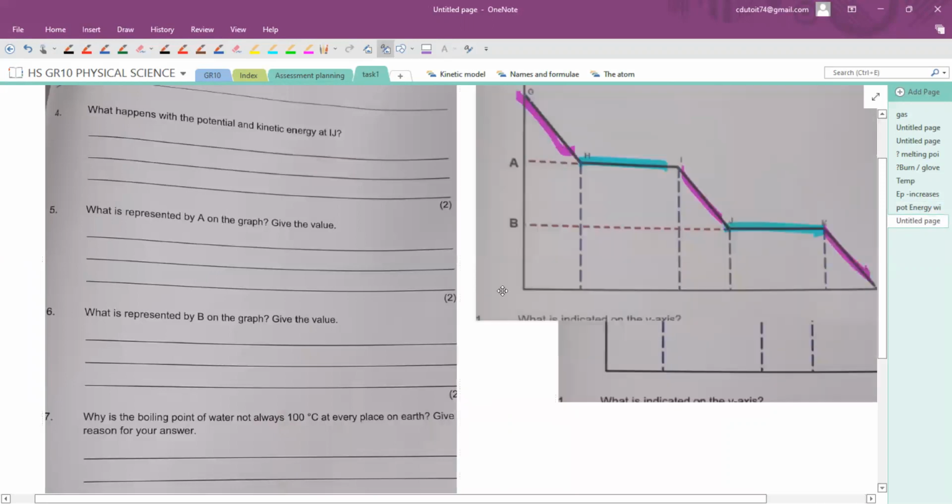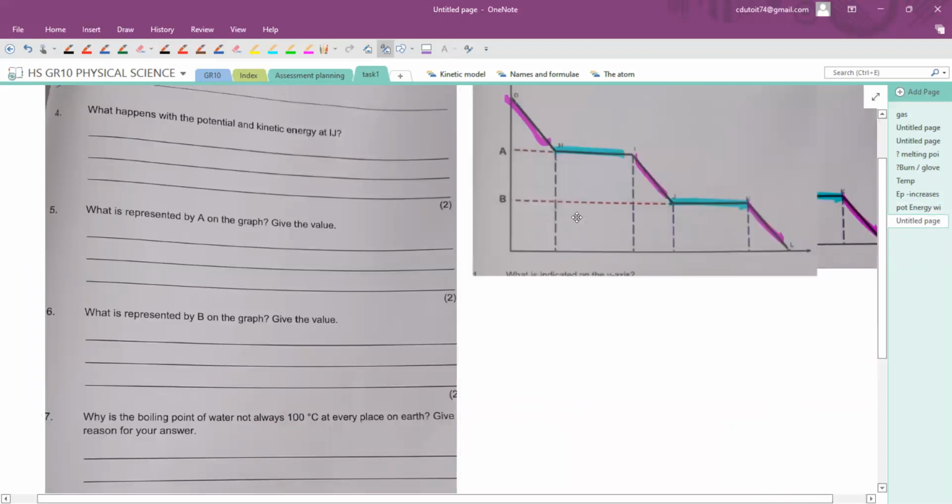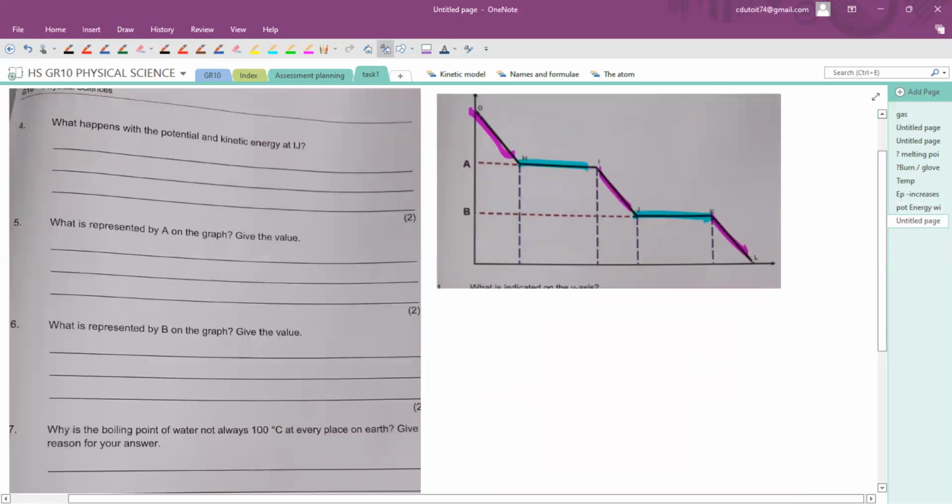What's that noise? Okay. What happens with the potential and kinetic energy at IJ? There the kinetic energy decreases and the potential energy remains constant. Do you have that? I mean, all of the questions are the same.